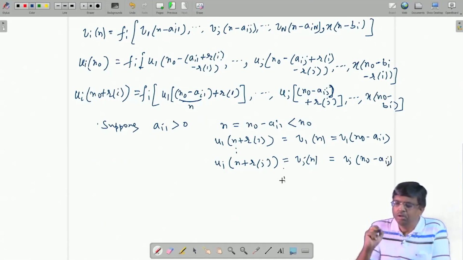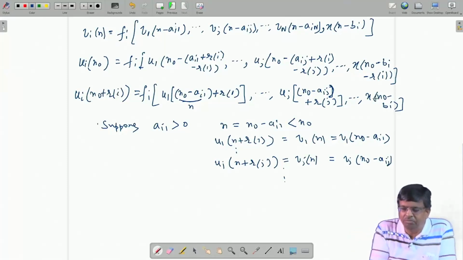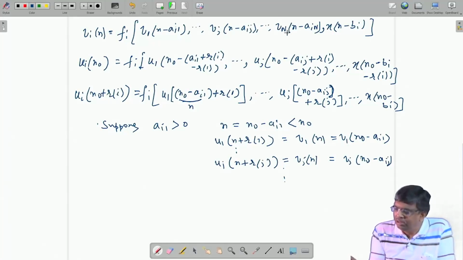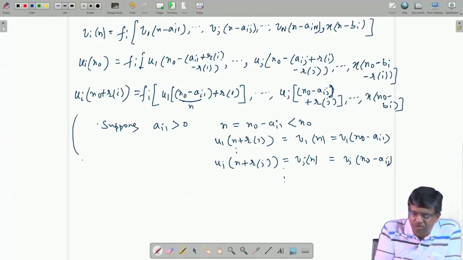So, if all these delays are strictly positive, then obviously this turns out to be fi of v1 at n naught minus ai1, dot dot dot, vj at n naught minus aij, x at n naught minus bi, which turns out to be equal to vi at n naught.